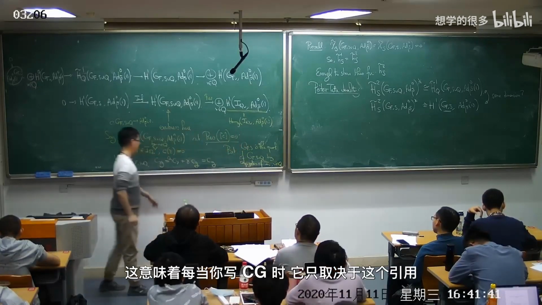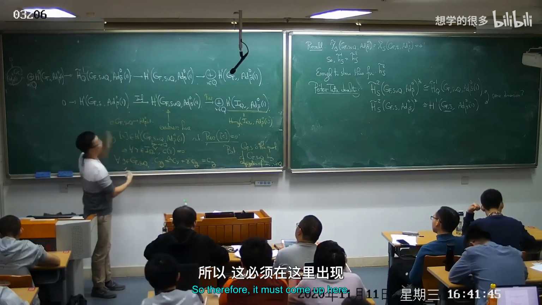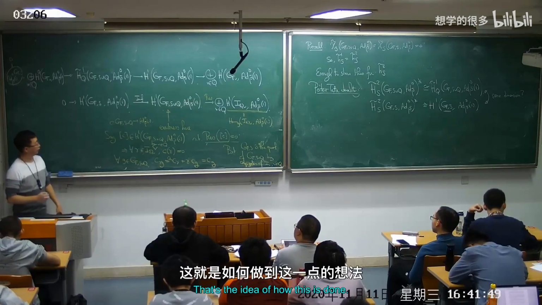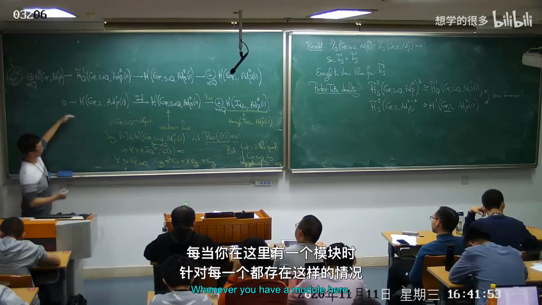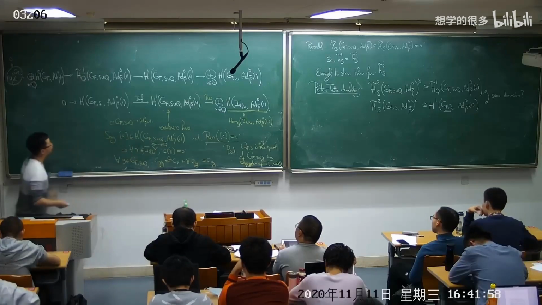So that means that whenever you write C g, it only depends on the quotient. So therefore it must come from here. That's the idea of how this is done. And this is already true in general. Whenever you have a module here, you have that for H1.